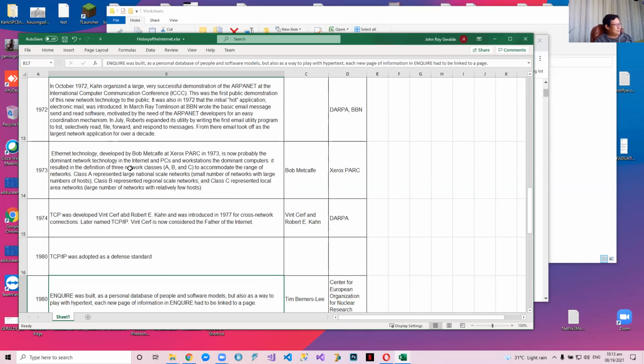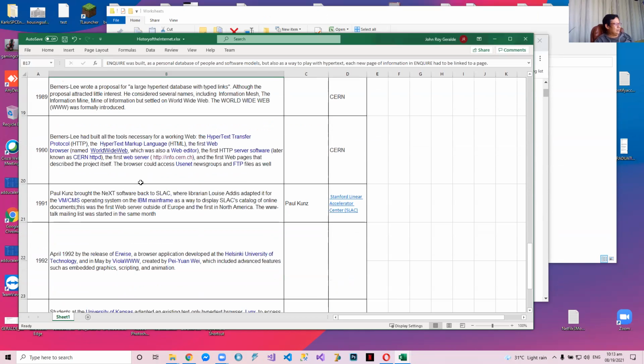So in 1990, the HTML was formally introduced. Now, in 1991, NeXT software was introduced, which allows the operating system to display a catalog of online documents. It's also like the internet, the web.